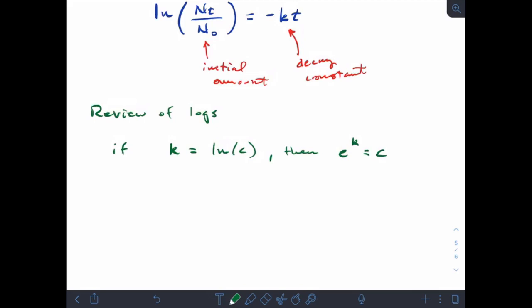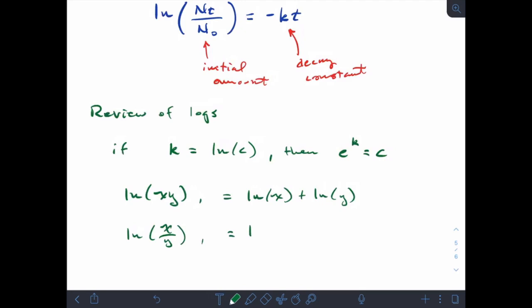If I have the natural log of x times y, that equals the natural log of x plus the natural log of y. If I have the natural log of x over y, that equals the natural log of x minus the natural log of y.